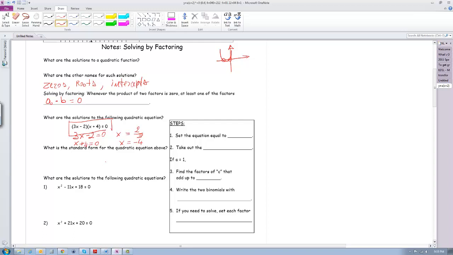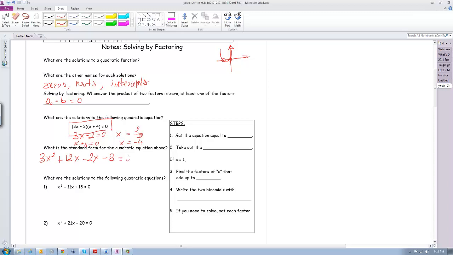Okay? So we could find the standard form of the quadratic equation above by FOILing. If we FOIL this equation, we have 3x squared plus 12x, then we multiply minus 2 times x, so minus 2x, and then we multiply these two terms, minus 8.